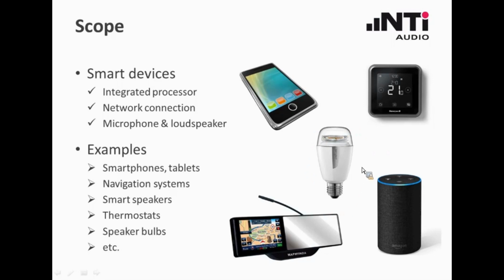We have smart speakers, like here the Amazon Echo Dot, but these two types of devices are also available from other suppliers. We have intelligent thermostats or other household devices that may interact with the user via speech control. And we have these maybe even more exotic devices, speaker bulbs, so light bulbs with a built-in loudspeaker that also allow to replay music or other applications.